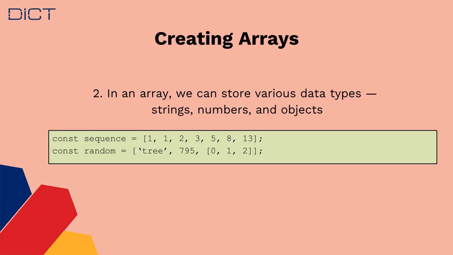And we have the random array with different data types. The first item is 3, then we have 7, 9, 5, and an array within an array. Okay, so that is how we create arrays in JavaScript.